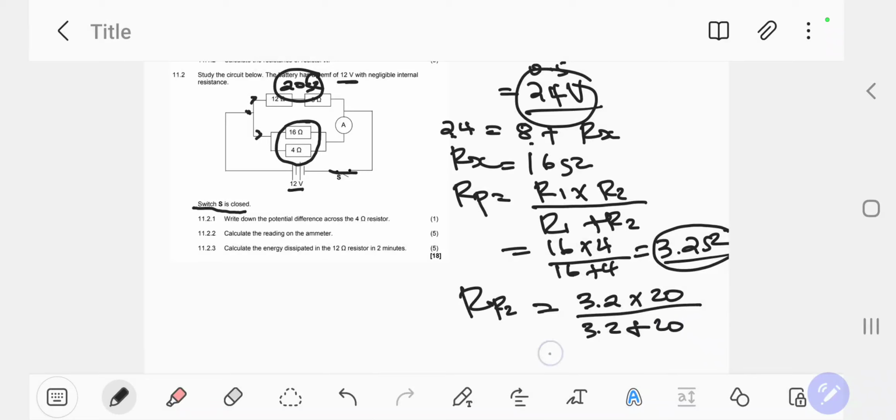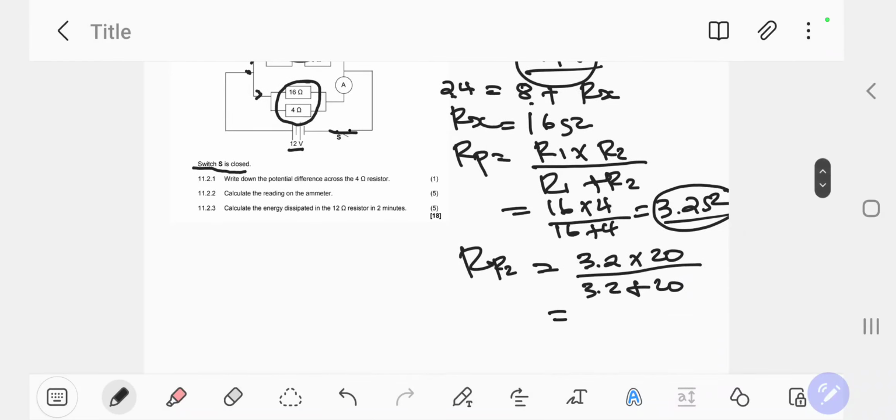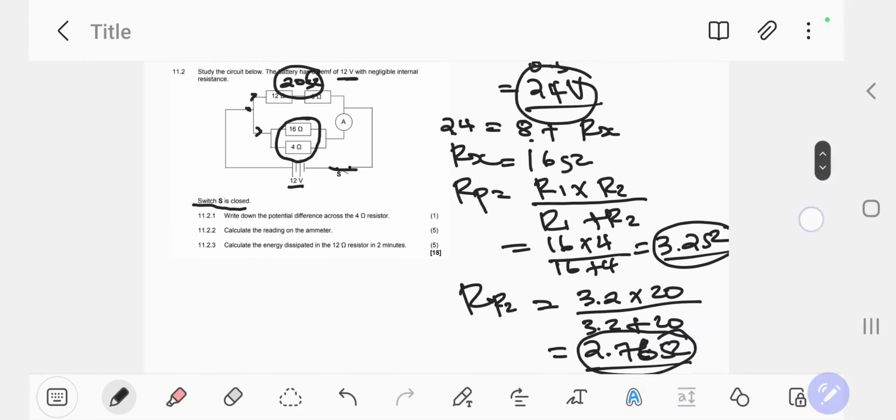So we have 3.2 times 20 over 3.2 plus 20, and that gives 2.76 ohms. This is the total resistance of the circuit.